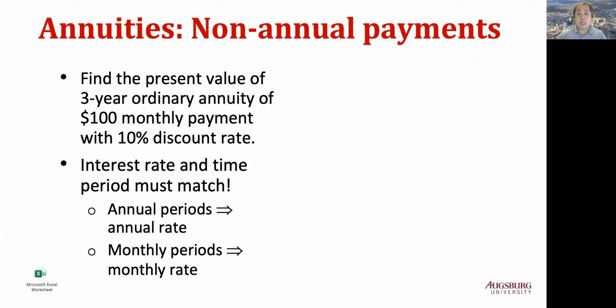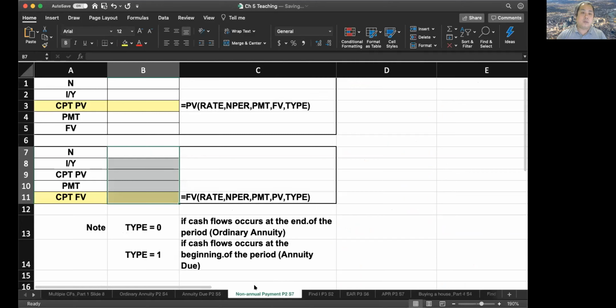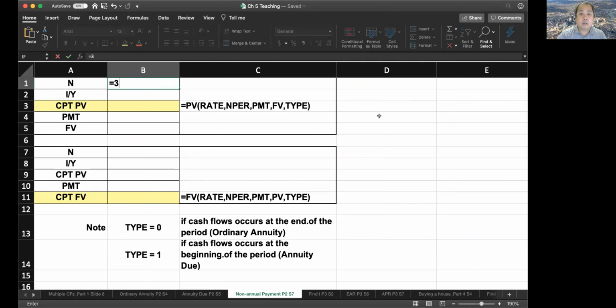Again, there is an Excel icon here, right? So if you click the Excel spreadsheet, then this spreadsheet pops up. So N is now 3 times 12. I is 10% divided by 12. This is 10%, right? So it's actually 0.83%.